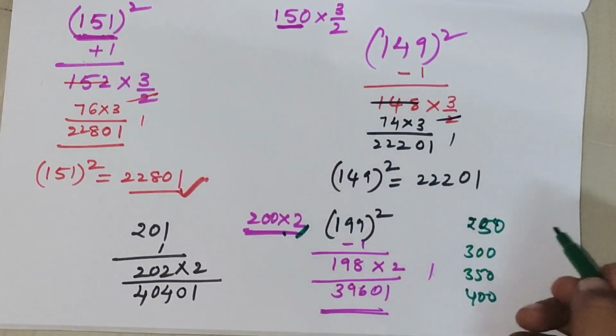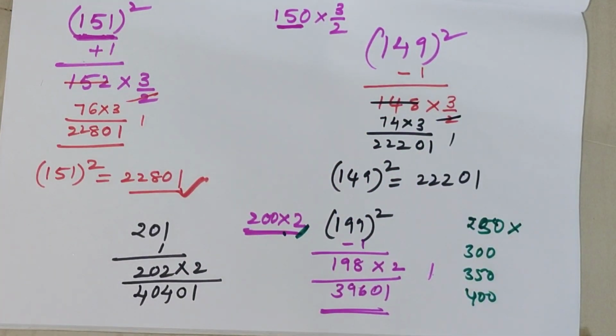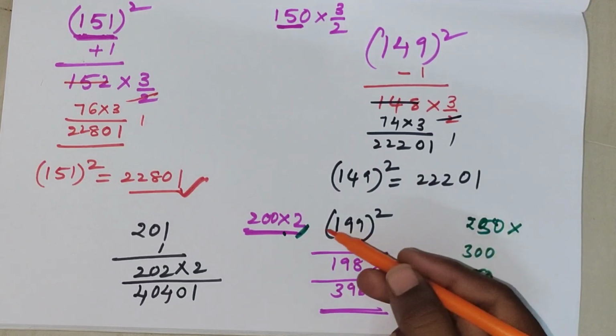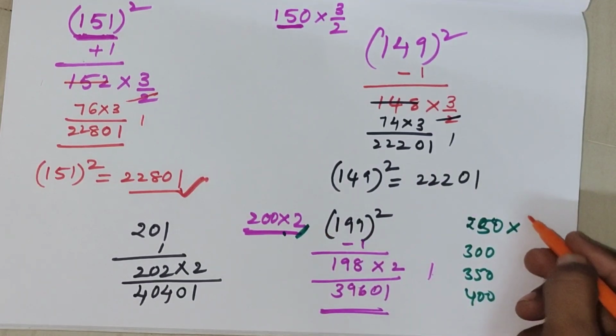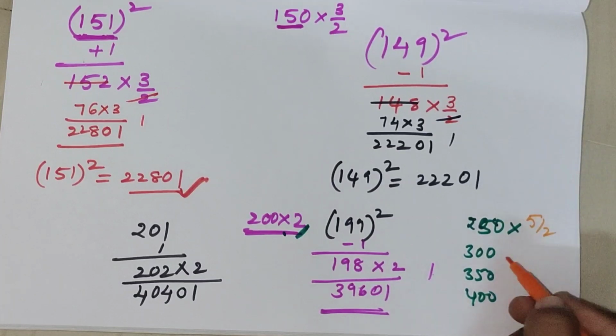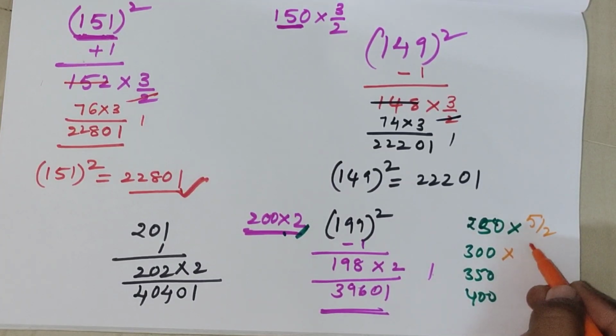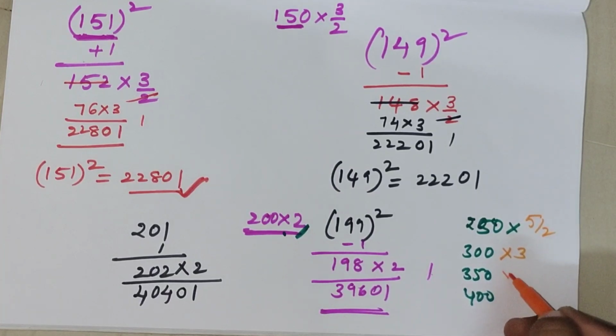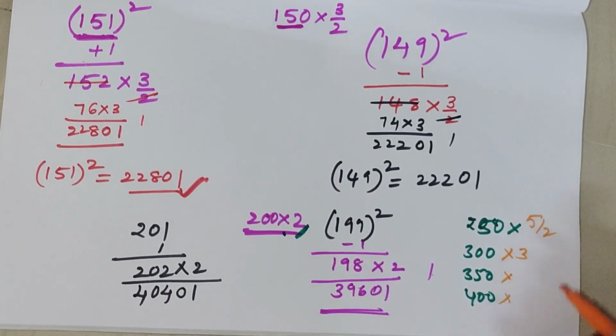Next, what can we guess? Directly we can guess. Here is 2, next 2.5. 2.5 means 5 by 2, directly we can say. Here, for 300, directly again 0.5 added, we get 3. Again add 0.5. Like that we can go on with further calculations.